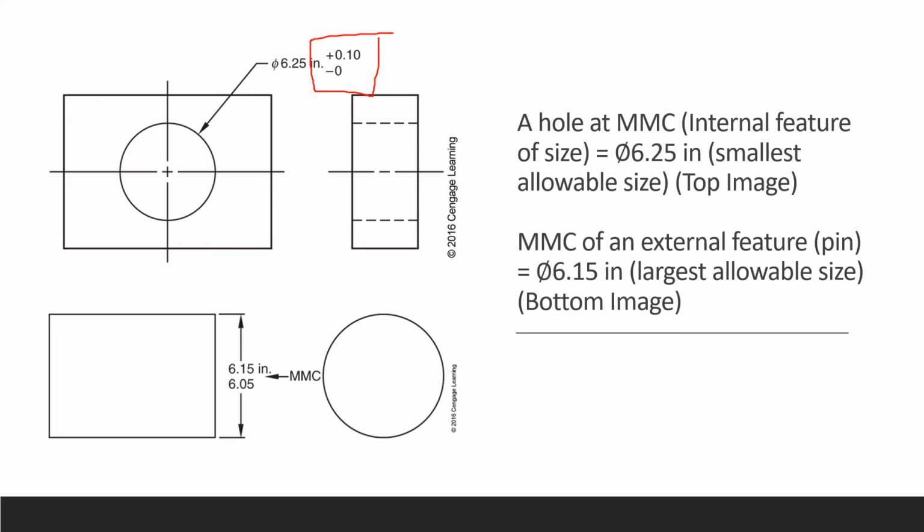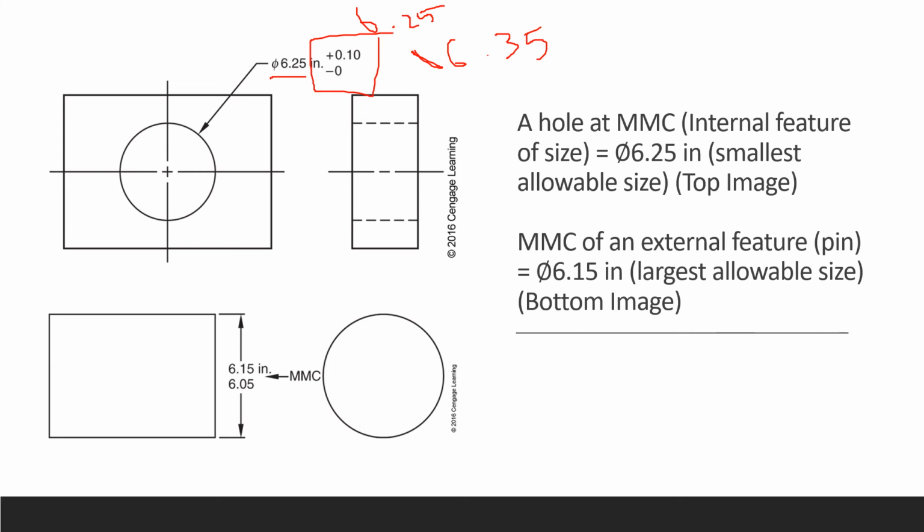Our value measurement is 6.25, the ideal diameter, but you can go over to 6.35. That is 0.10 over, so it can go to 6.35, and you cannot go down. Therefore, your tolerance is going to be 6.25 and you can go up to 6.35.